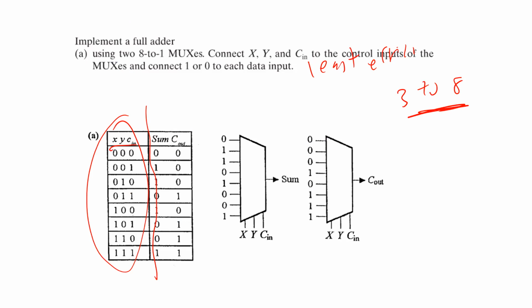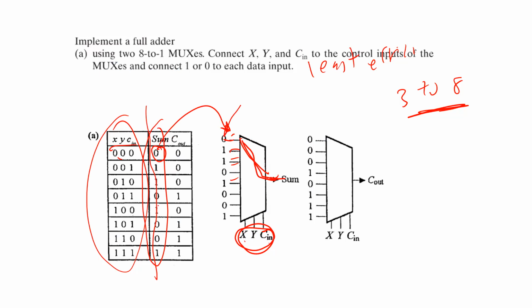All I did here is, for every input, I put the value we have here. So if the input is 0, 0, 0, the output has to be 0. That's why I put 0 here, because I know this is how the multiplexer works. The multiplexer is going to connect the output to this pin. So if the input is 0, 0, 0, what is the output according to the function? It is 0. So that's why I have to put 0 here.